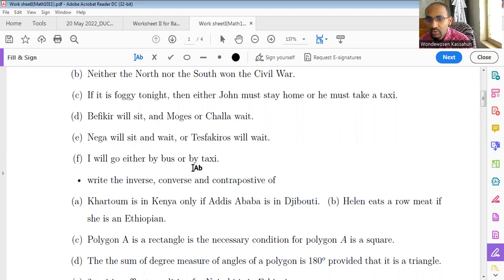So not P implies Q. What is the inverse? The converse is Q implies not P. The inverse is P implies not Q. And the contrapositive is not Q implies P, okay?